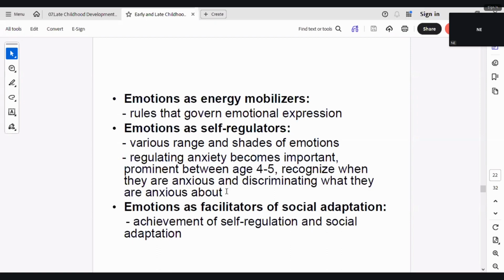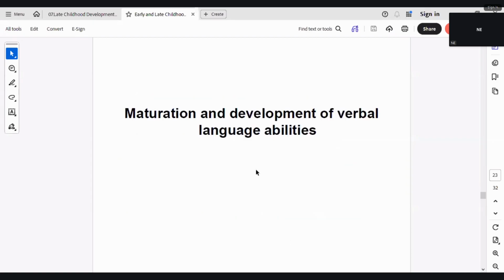It depends on the level of intellect, the level of language, how much language this child has, how expressive they are. At age 4 to 5, some kids can tell you what they're afraid of, or what makes them worried, in a very simplistic way. Emotions can be facilitators of social adaptation, achieving self-regulation and social adaptation.